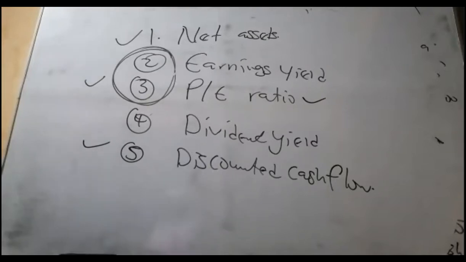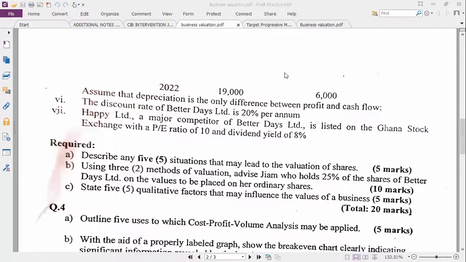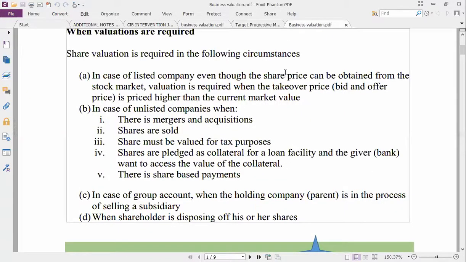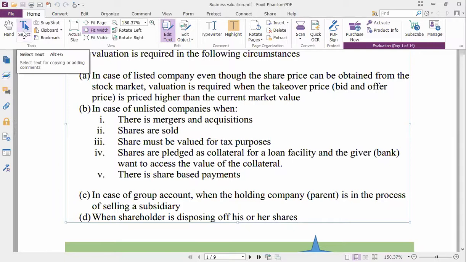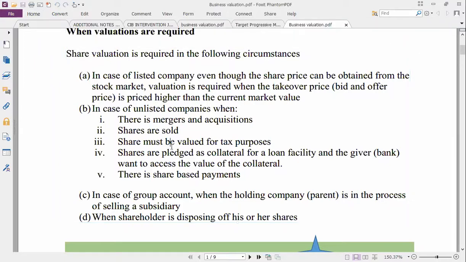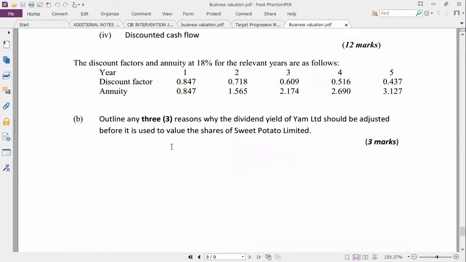So to get a guide on this question, you can look at the question called sweet potato. Let me project this particular question here. Let's go to sweet potato.